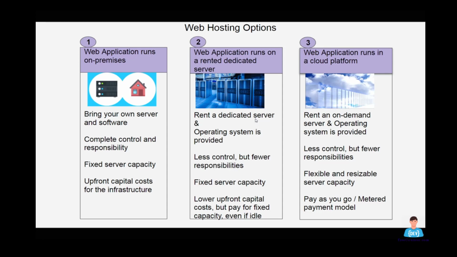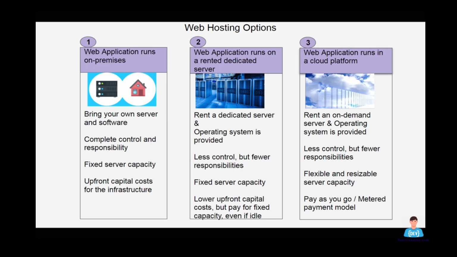Instead, they provide you with a virtual server. And the operating system in this option is usually provided. If it's Linux, then it's usually free, and they don't charge for the Linux operating system. But if it is Windows, then they usually charge you. So that means if it's Windows server, then you should pay for the operating system.